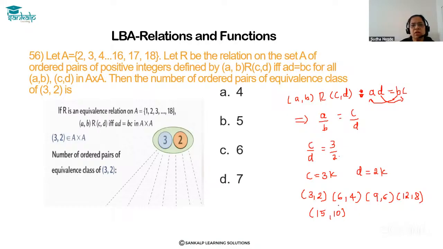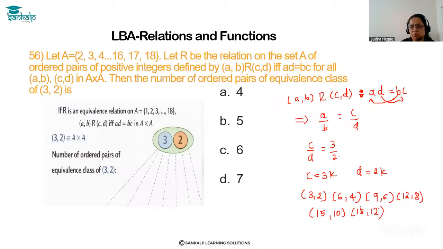So in A, up to 18 is there, till 18 you can take. Now, what's the next pair? 3 into 6 is 18, and 2 into 6 is 12.